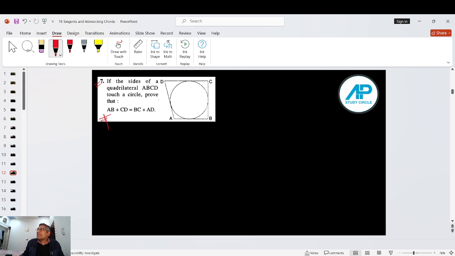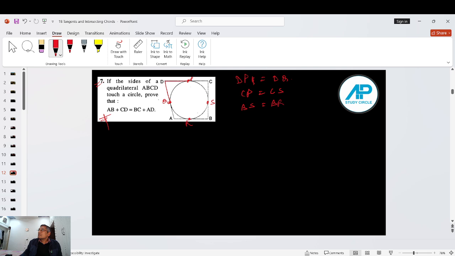So I'm just putting the marks on this diagram only. Take them as P, Q, R, and S. Now you can see there are 4 pairs of tangents. DP equals DQ. CP equals CS.